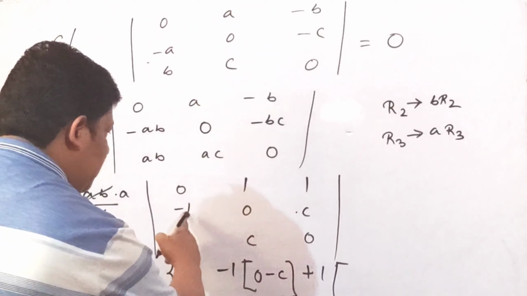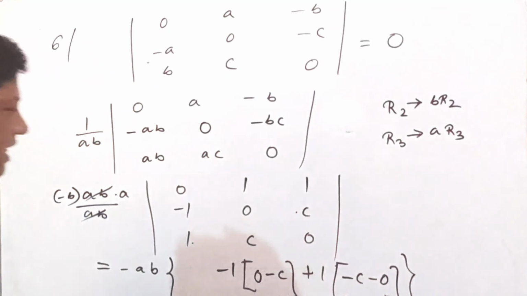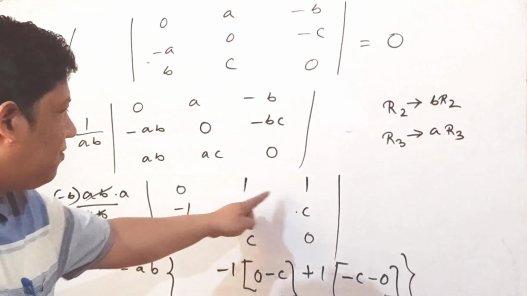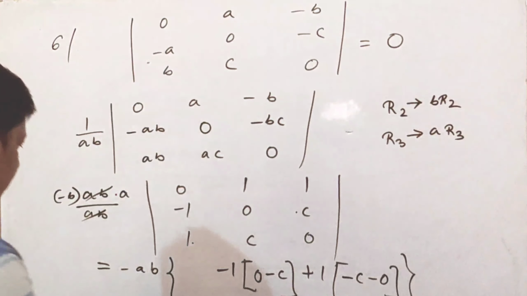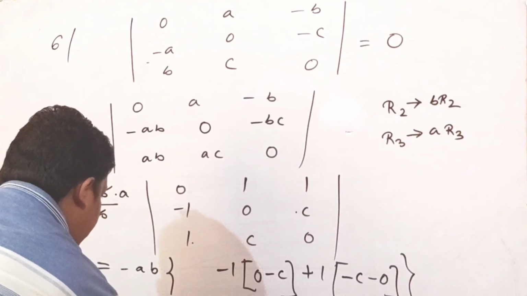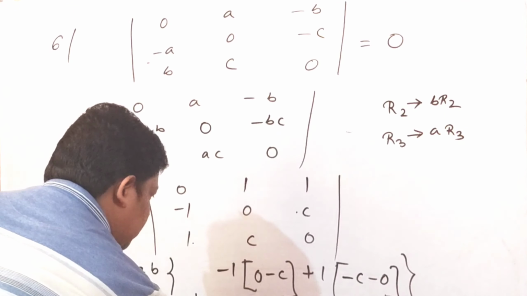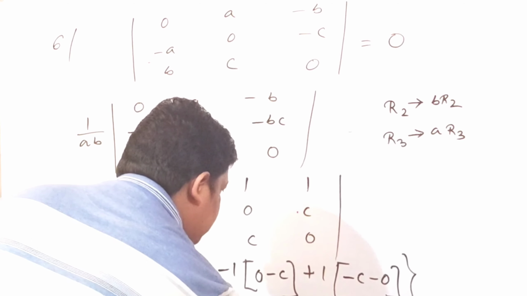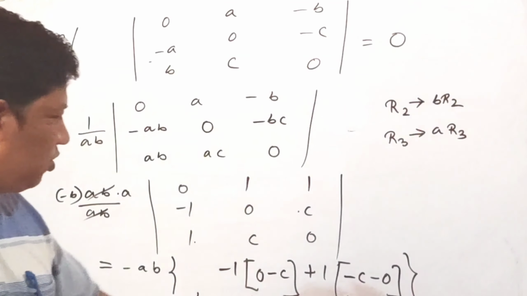You get minus C minus 0. Because in the case of determinants, you have to expand like this, along any row or column. Now, minus AB, here C, here minus C, this term equals AB into 0, that means you get 0. So my students, I think you understand.